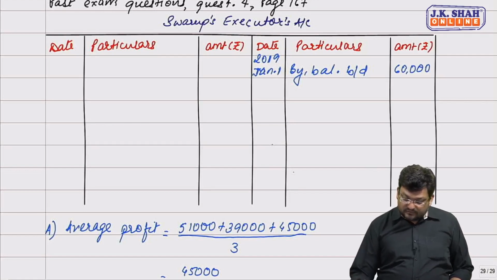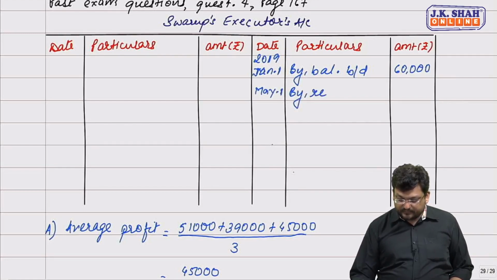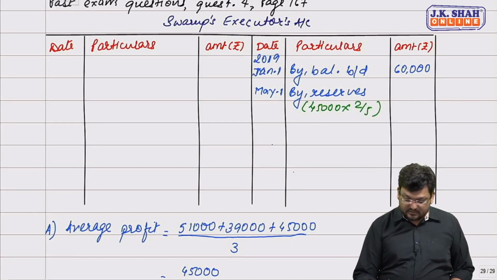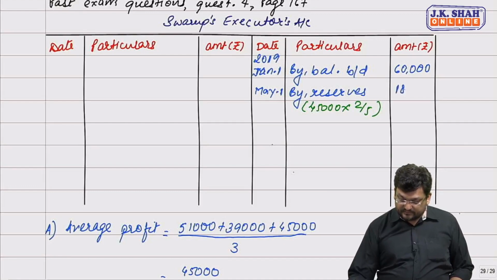Then there were reserves of 45,000. So on 1st of May, his share in reserves will be given to him. His share in reserves will be 45,000 into 2/5, 18,000.